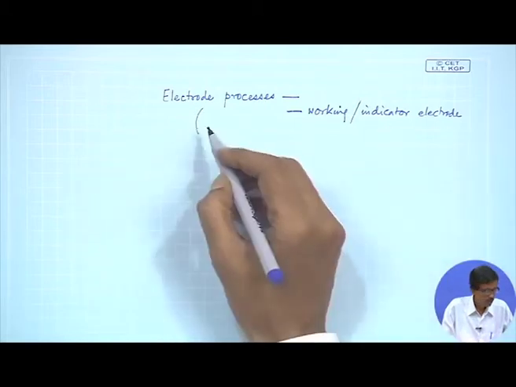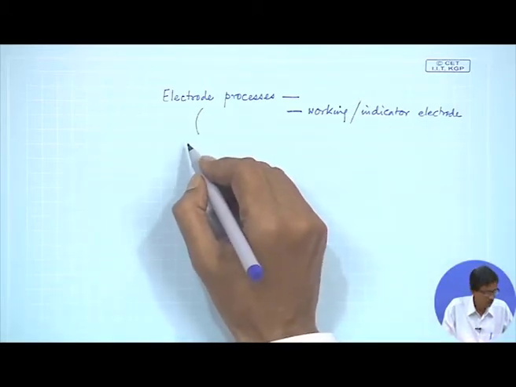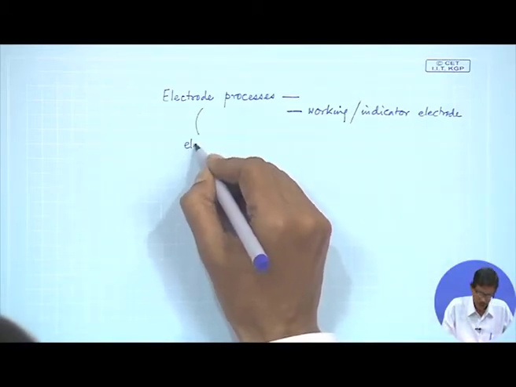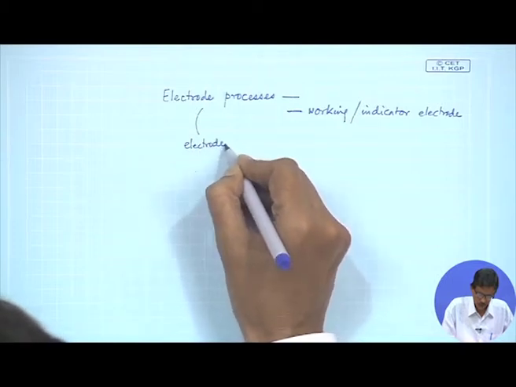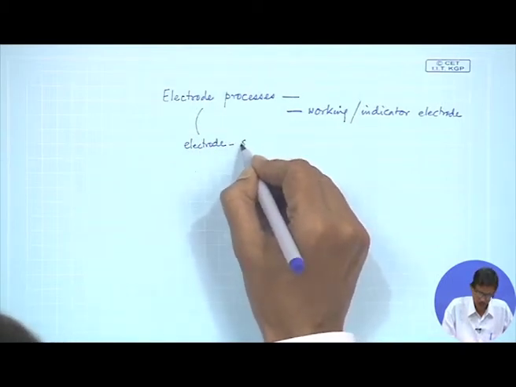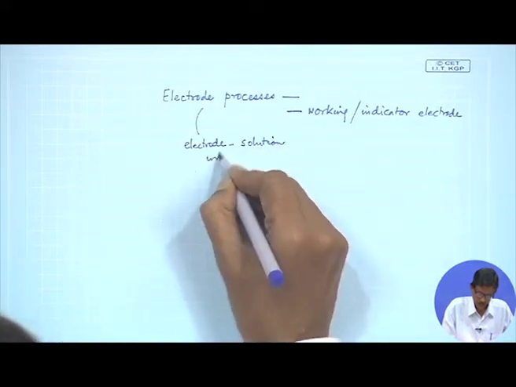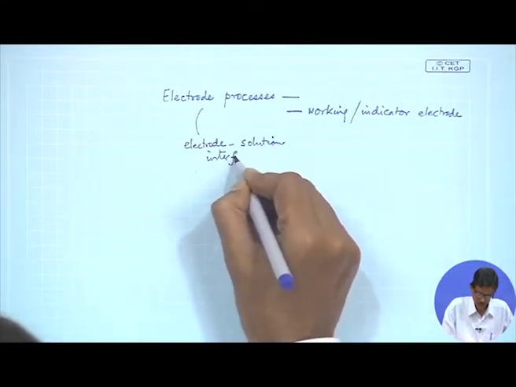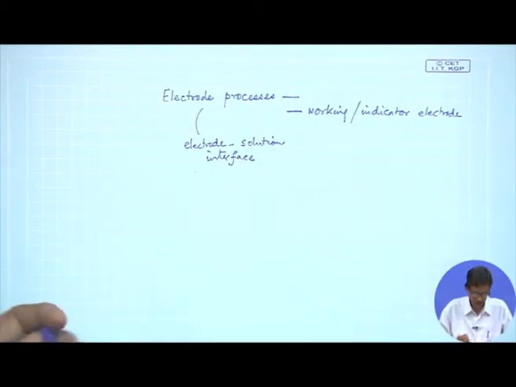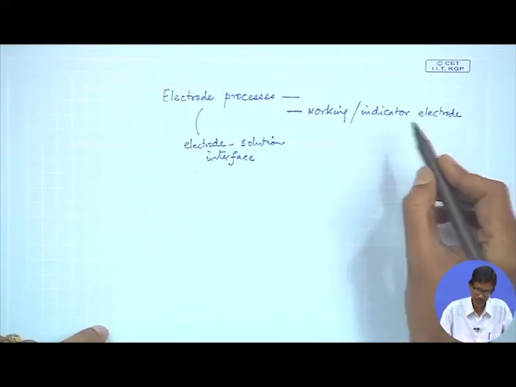So what we are looking at is not only the electrode, but the electrode and the analyte solution interface. How that interface is important, and how it matters in terms of the electron transfer reactions.